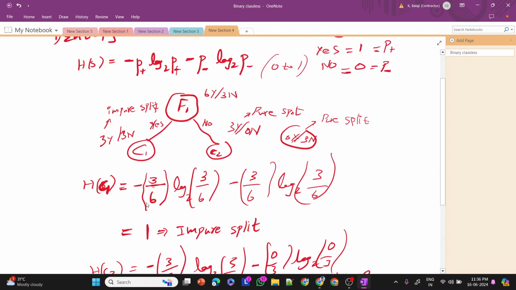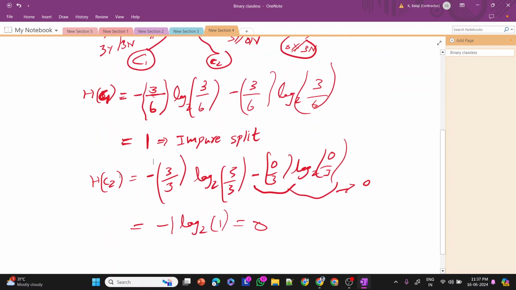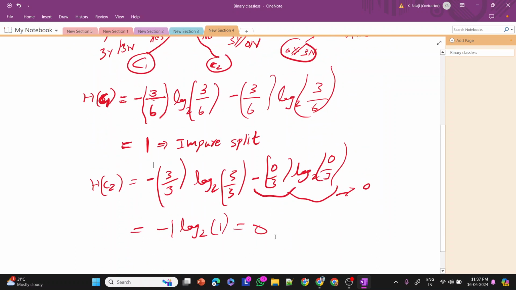For impure data we get more than 0 and up to 1. That means C1 is impure data, with a result of 1. For C2 we get 0.